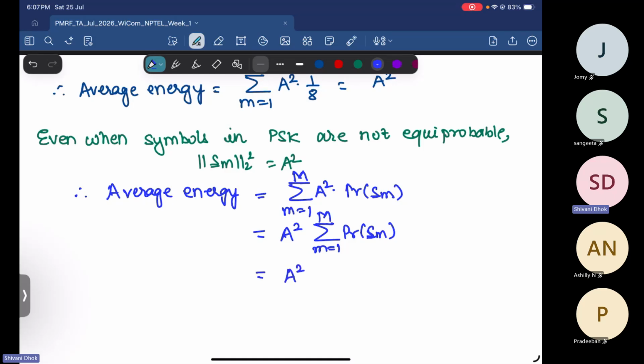So this is a nice property of this PSK constellation. So even if you don't have equiprobable symbols, then also your average energy, average symbol energy is equal to the energy of every symbol in your PSK constellation. This property is not true for any other constellation, whether you go for your pulse amplitude modulation or for your quadrature amplitude modulation or any other thing.